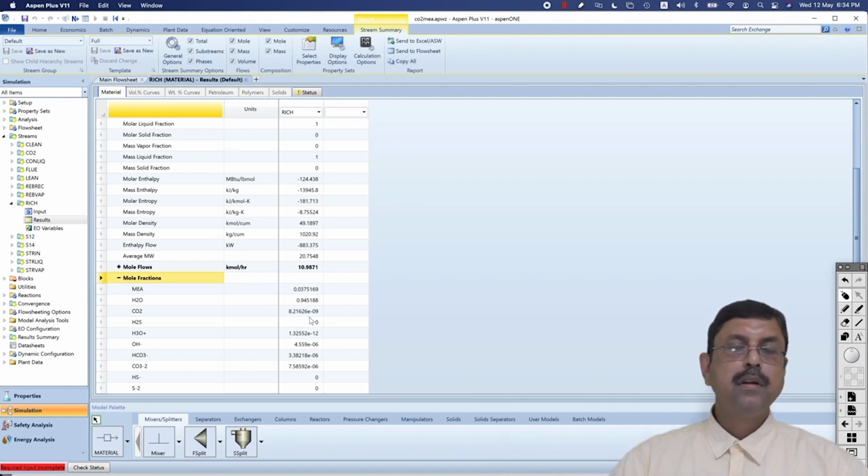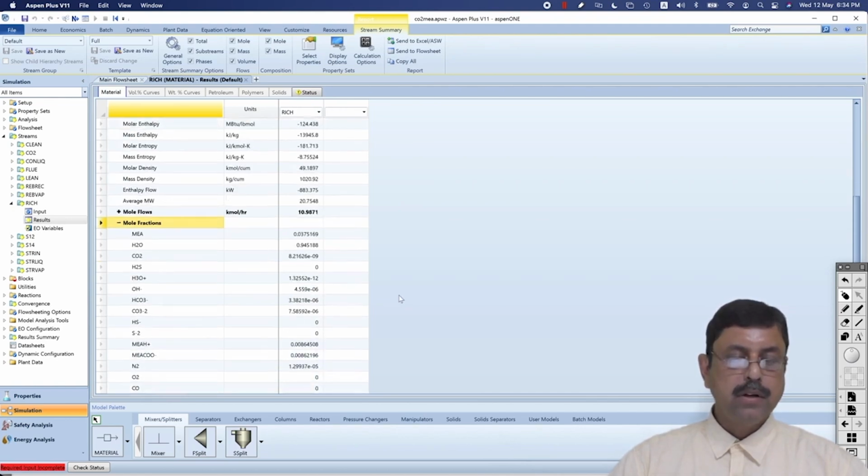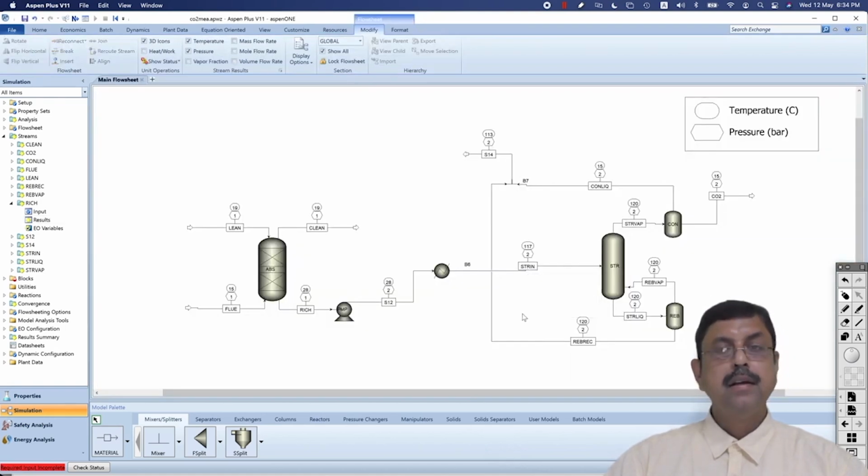Instead of 3.58, we are entering with no carbon dioxide, and 95.51% of water, and MEA is merely 3.75% instead of 11%. So there will be a lot of changes and a lot of ions will come in. Earlier there were no ions in it. Now there will be a lot of ions.